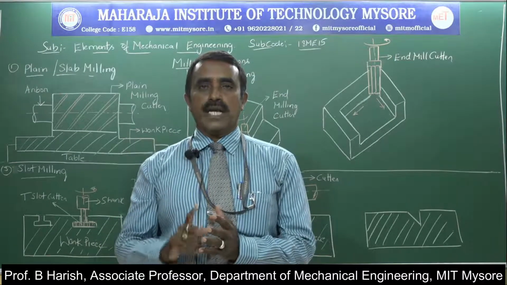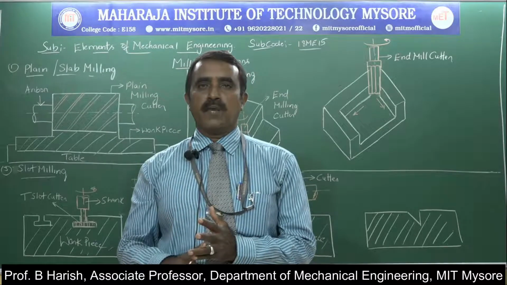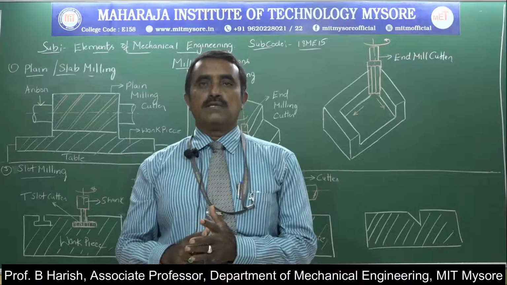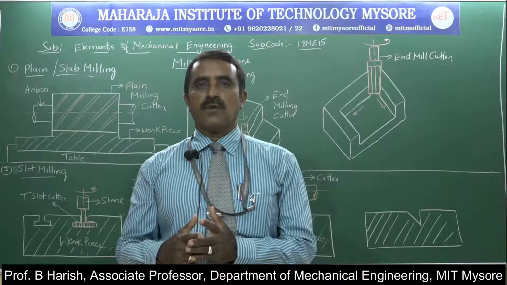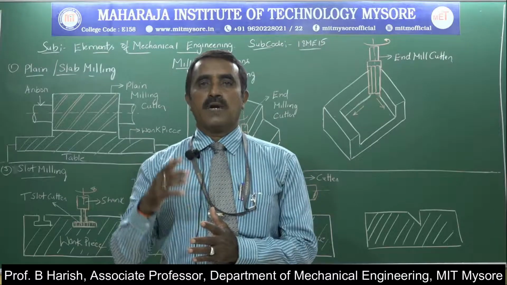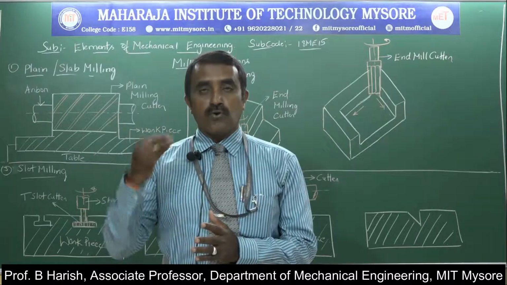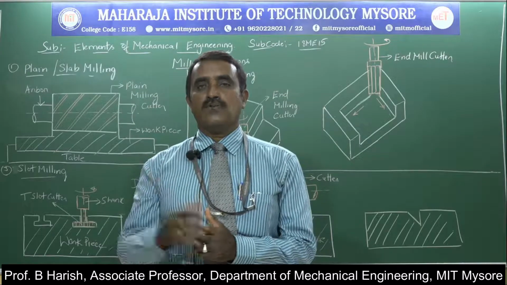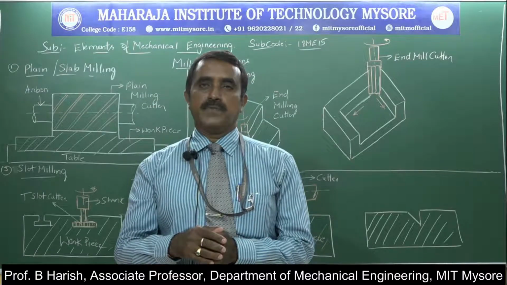So depending upon the operation we are performing, we use that particular type of tool. These are the two variations we have to observe before going with the discussion of what are the different operations that can be performed on a milling machine.